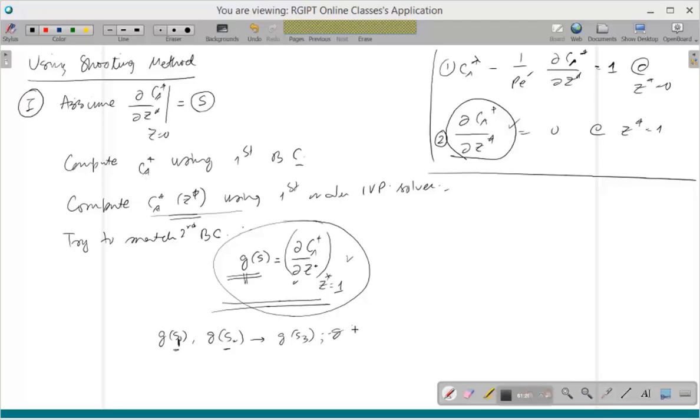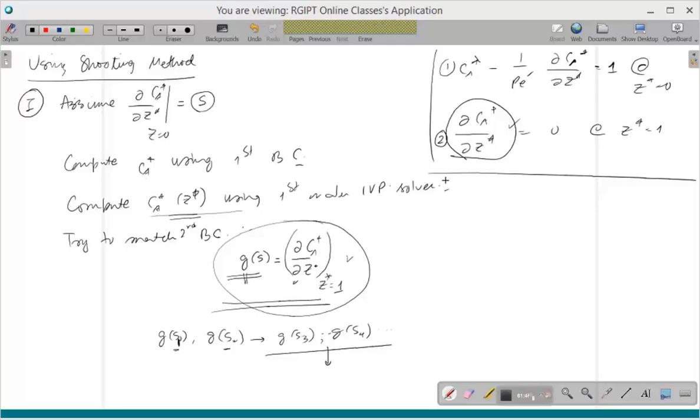G of S4 can be obtained, etc. And then eventually you keep on iterating until you reach the desired tolerance limit, and that is done. So that is your one method. I want you to implement this and try it, and I'll talk about the other method, a slight modification of this, in the next class.